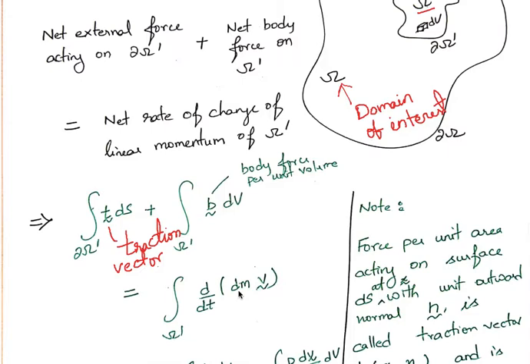So in this case, for that small volume element, its linear momentum is dm times v. And what is rate of change of linear momentum? It will be the material time derivative of the linear momentum. Please remember that we are using a material volume approach. So fine. And then the net rate of change of linear momentum would be the volume integral of that.